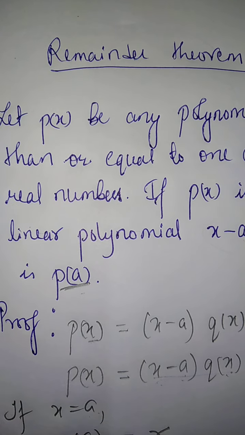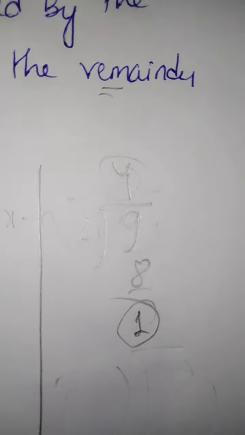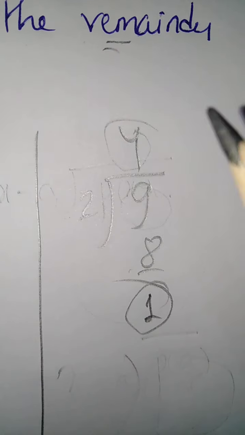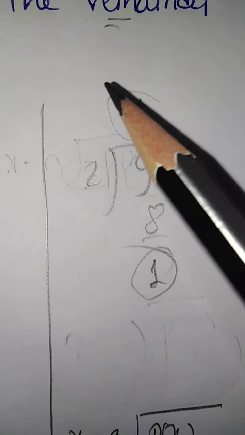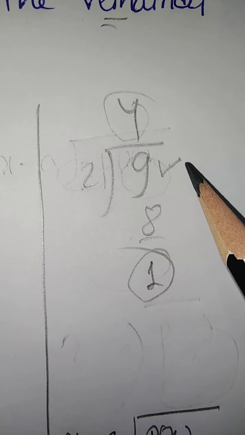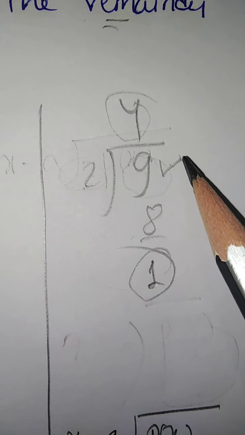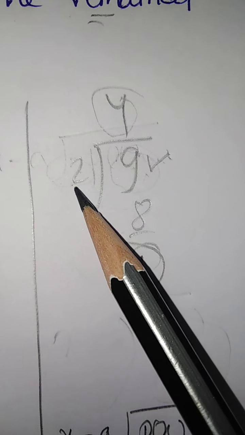Now let's prove this theorem. In division, if you are dividing 9 by 2, your division will be like this. In this division, what do we call 9? 9 is the dividend, because this is the number we are dividing. We are dividing 9 by which number? 2.